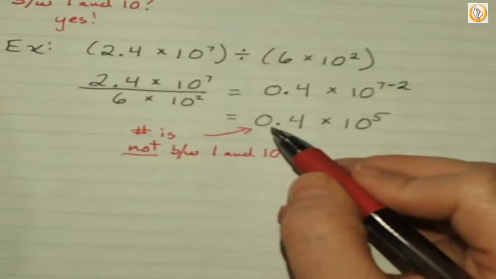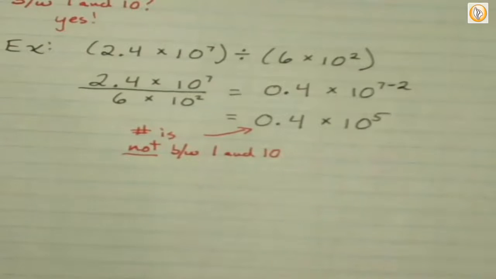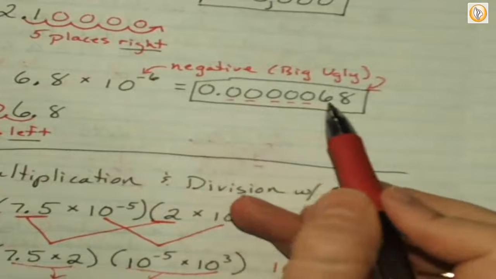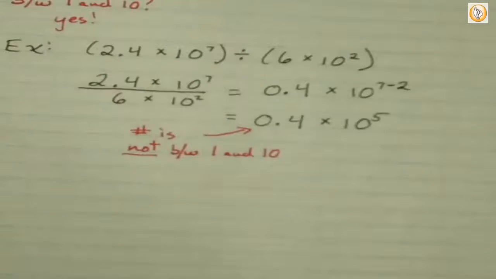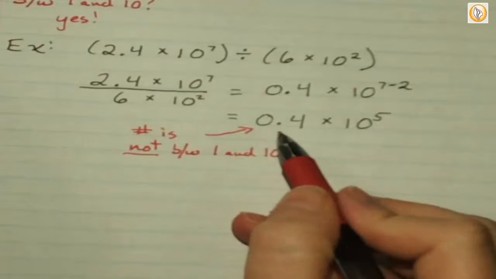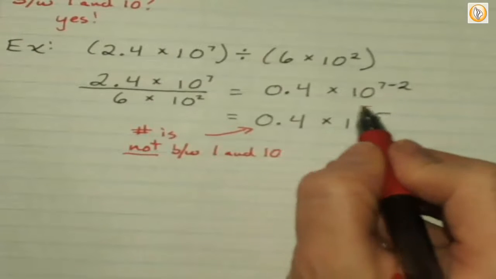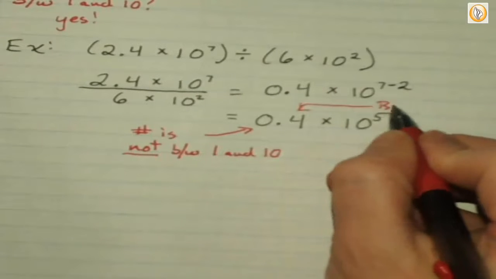Keep in mind, this does not look like this with all the zeros, but is this a whole number? No. So it is still considered big ugly.